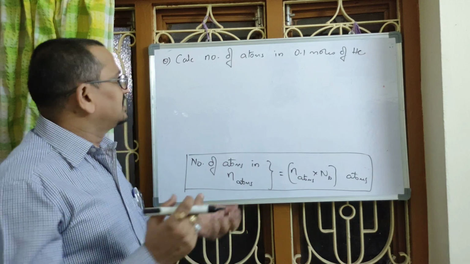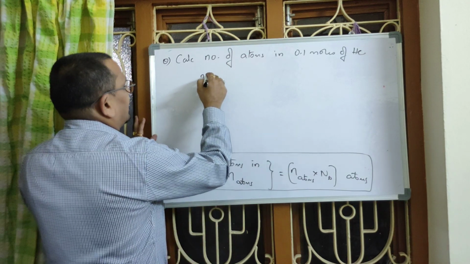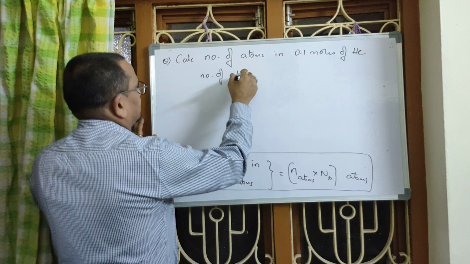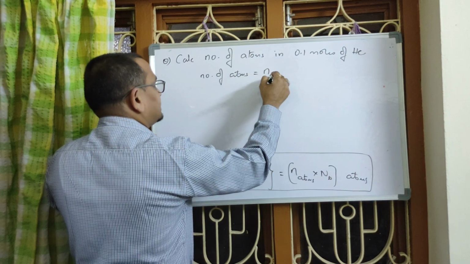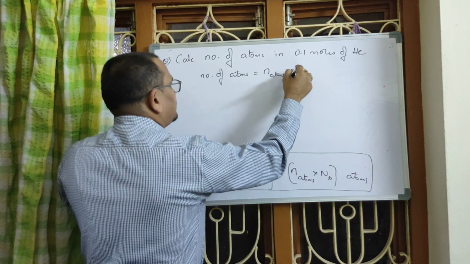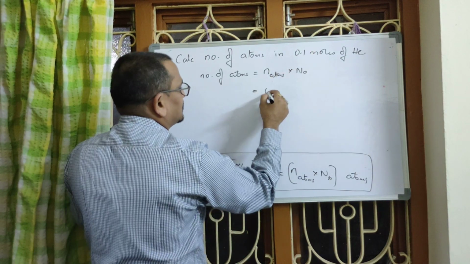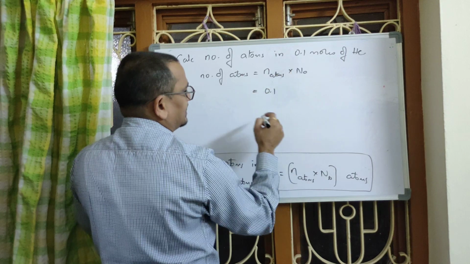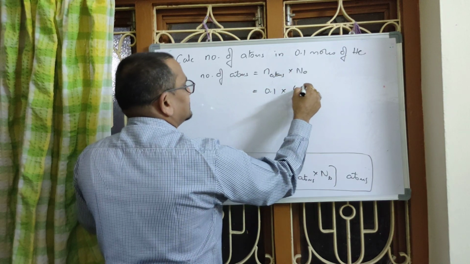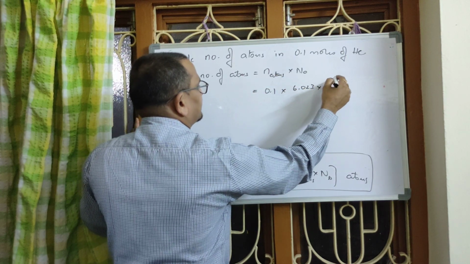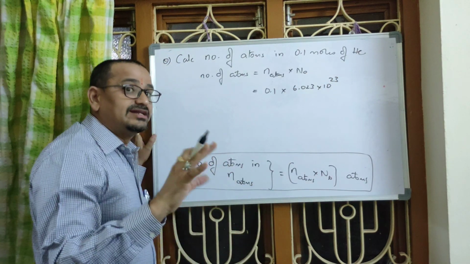Right? What's the relation? Number of atoms equals number of moles of atoms into Avogadro number. Same relation, right? So number of atoms is equal to 0.1 moles of helium atom into Avogadro number, which is 6.023 into 10 power 23.